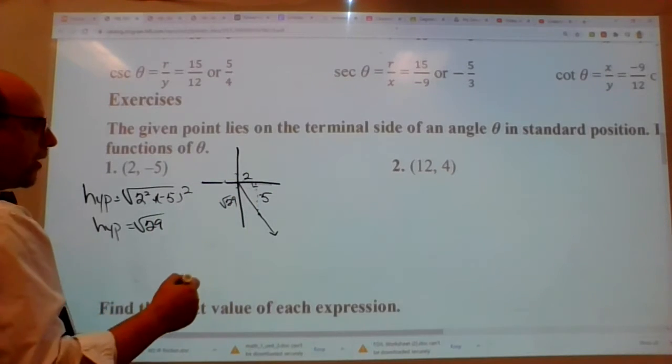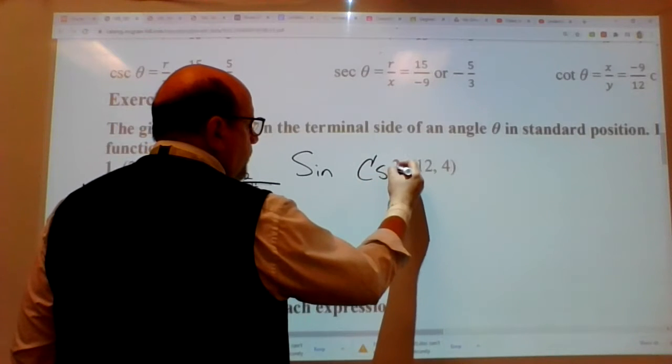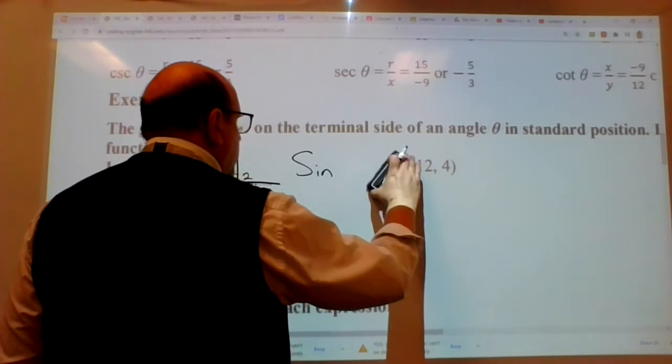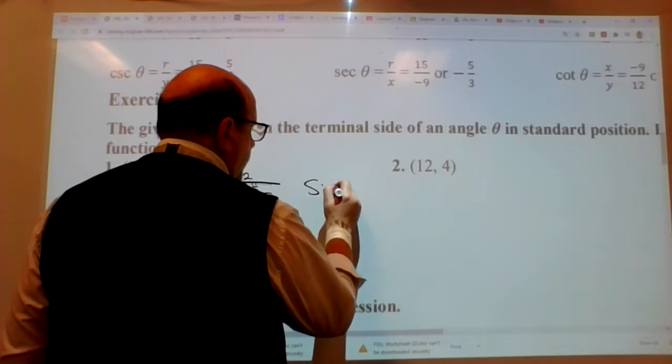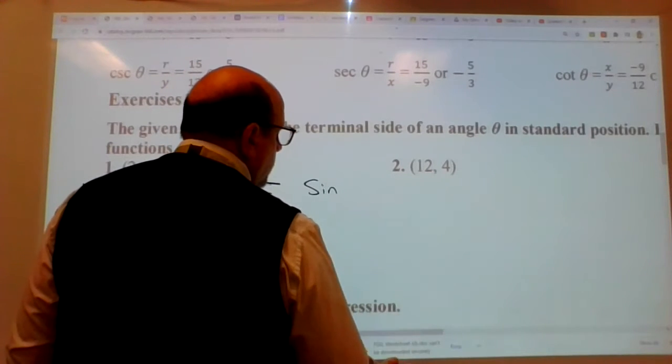Anyway, here we go. I'm going to write down the sine and the cosecant of that same value. I guess I'll drop it down because that's in my way. So I'll say sine, cosecant. Got to move it over because I have to simplify.